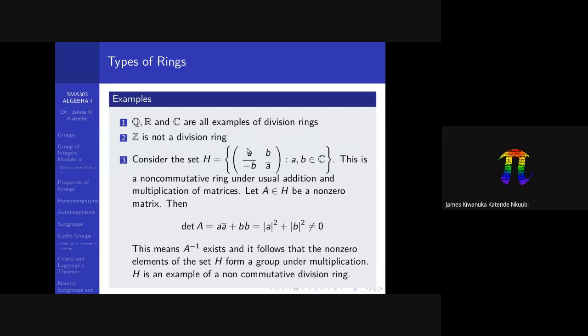Under multiplication of matrices, this set H will be a group, not really the whole set, but the non-zero matrices in the set H will form a group, because they will all be invertible. And because of that, this is a division ring. It's an example of a non-commutative division ring.